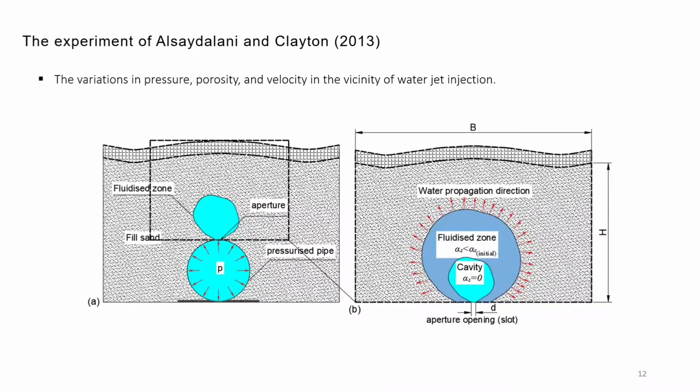In this case, we need to see what happens around leaking pipes. So instead of having the water passing through the entire column, now we only have a slot or little fracture that water is permitted to pass through.